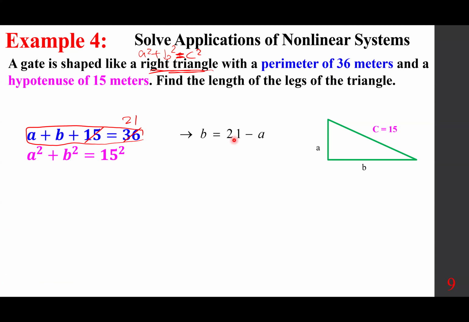We put it into this equation, which means A squared plus B squared is A squared plus 21 minus A quantity squared, and 15 squared is 225. We are going to work on that.